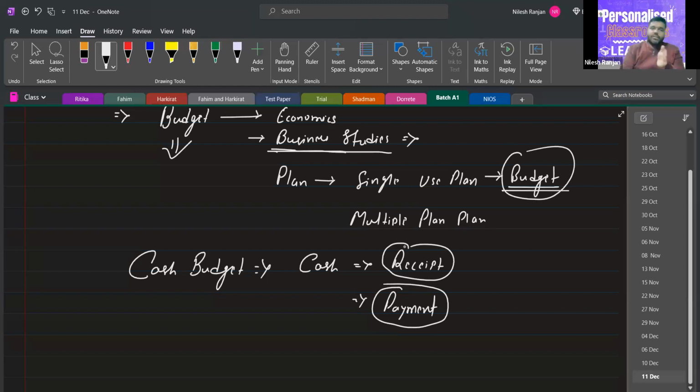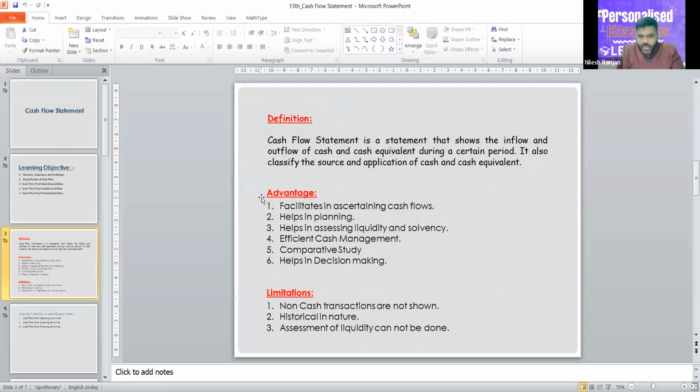In the same manner, if you want to prepare cash budget, means budget for the future cash estimates, then you have to see your past data, and cash flow statement will help in finding this data for future estimates. Is this clear? Okay, so this helps in planning also.